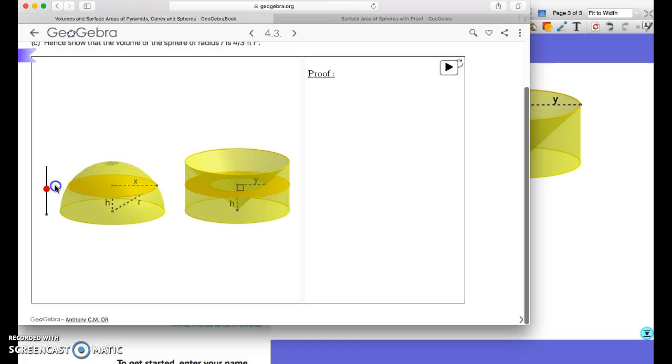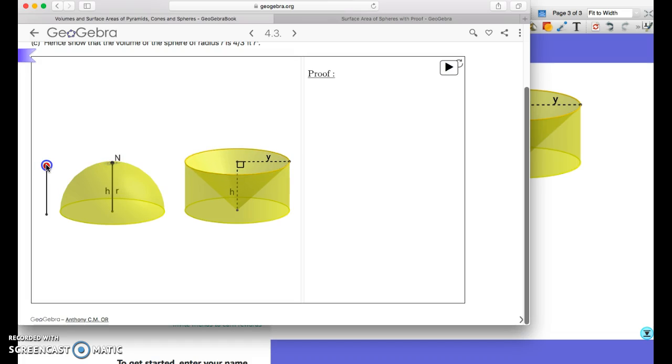The next part is this. As I change the height, we're attempting to look at the cross-sectional area. I'm looking at the area of this disk, and I'm also looking at the area of this ring. That's going to be important. The first important connection is that in both of these solids the overall height is the same.